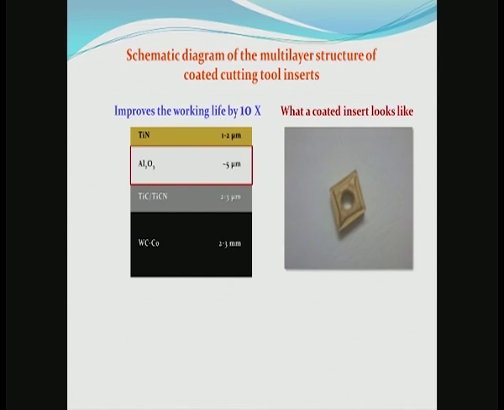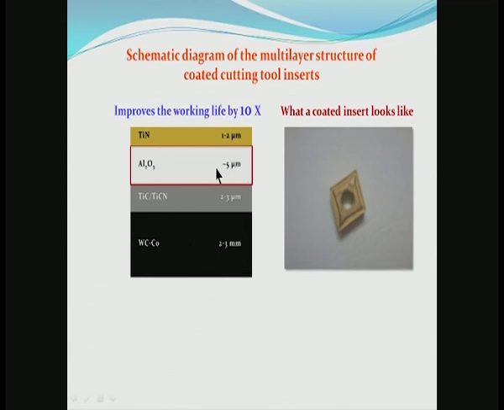Beneath that is a layer of aluminum oxide measuring about 5 micrometers. Beneath that is a titanium carbonitride coating, all of this sitting on top of several millimeters of a tungsten carbide cobalt substrate, which really is the total cutting tool.